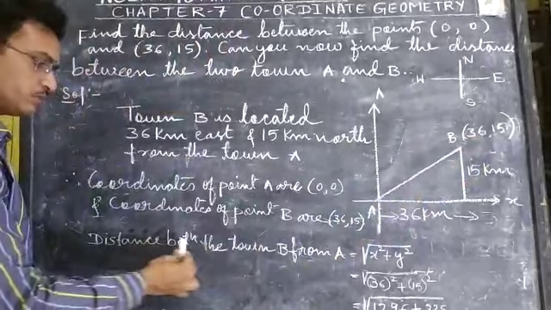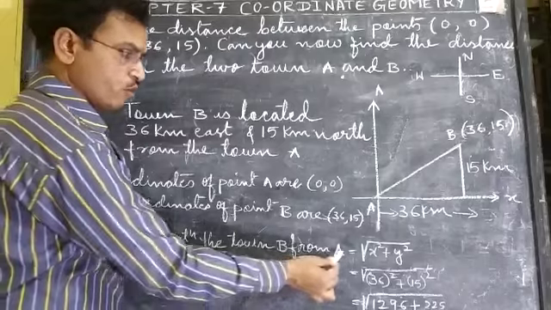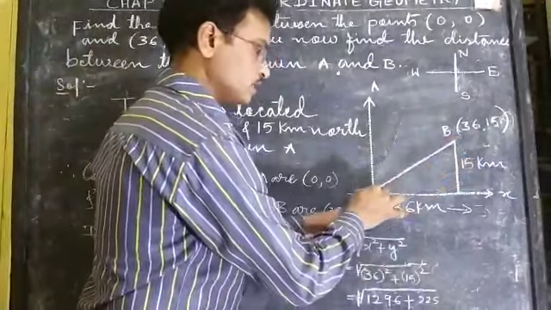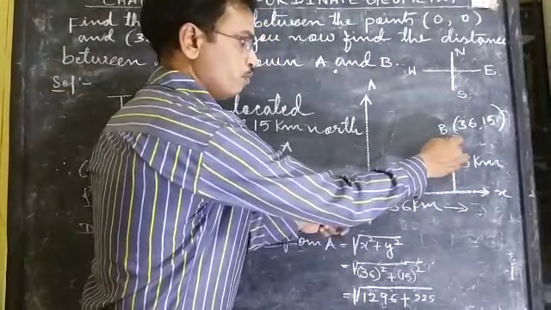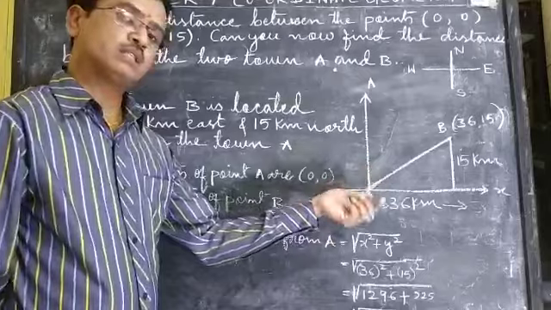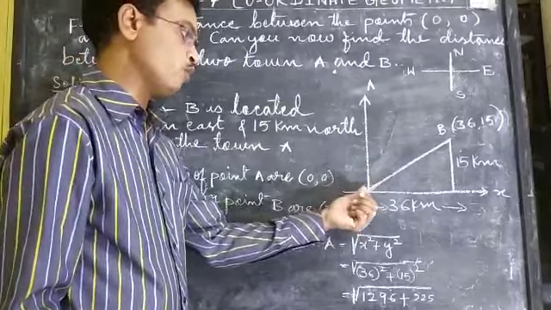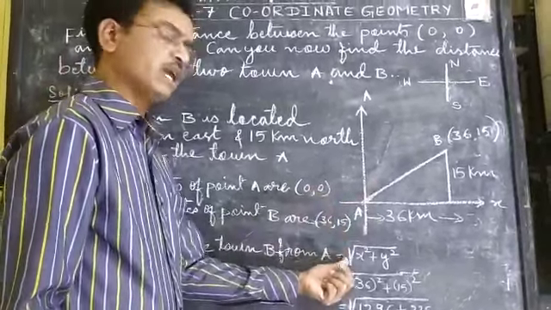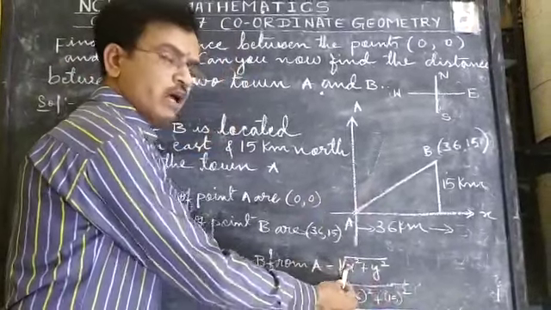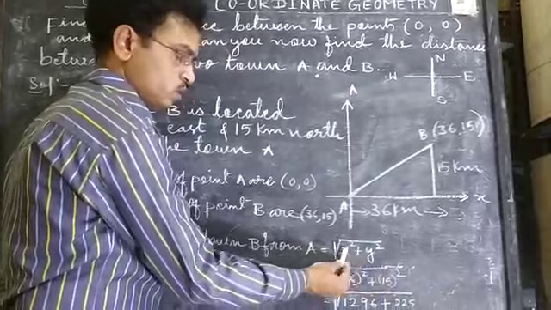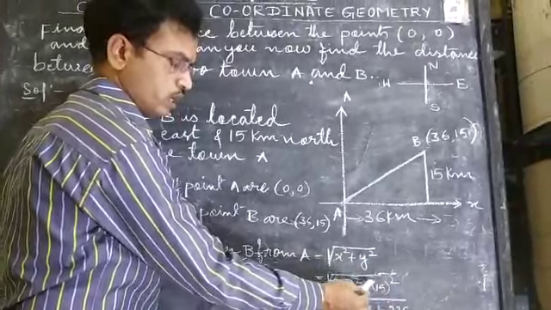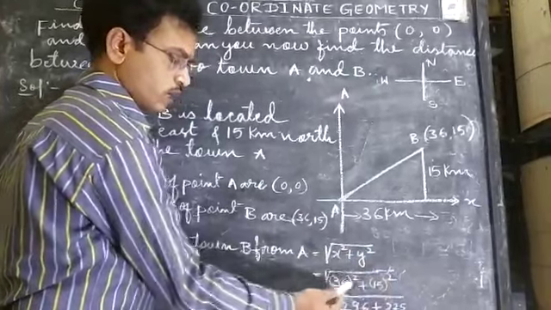The distance between town B and town A, between these 2 points: you know already, if any one point is 0, 0, then we can directly use this formula, square root of x square plus y square. So x is 36, y is 15: 36 whole square, then 15 whole square.